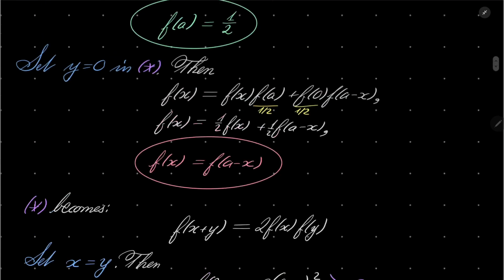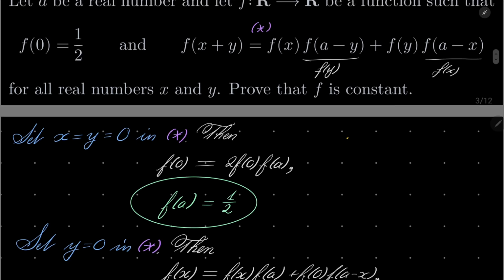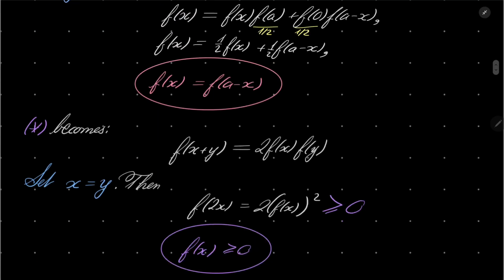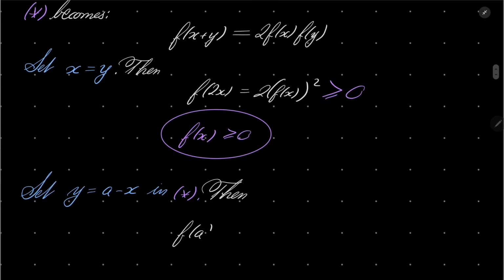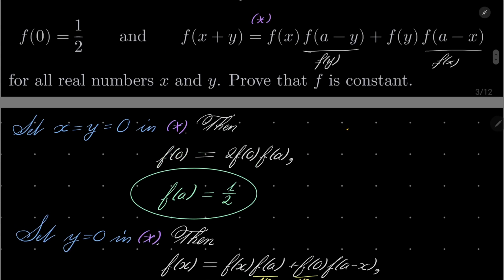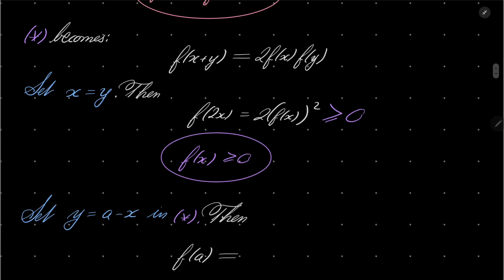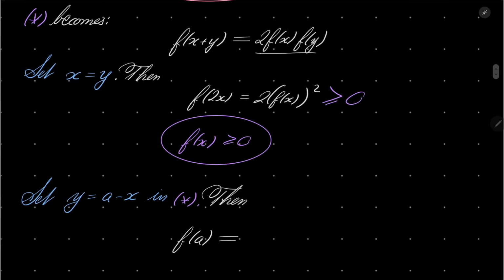Then on the left hand side, we have f of x plus a minus x, so it's f of a, equals, and on the right hand side, 2 times f of x, f of a minus x.